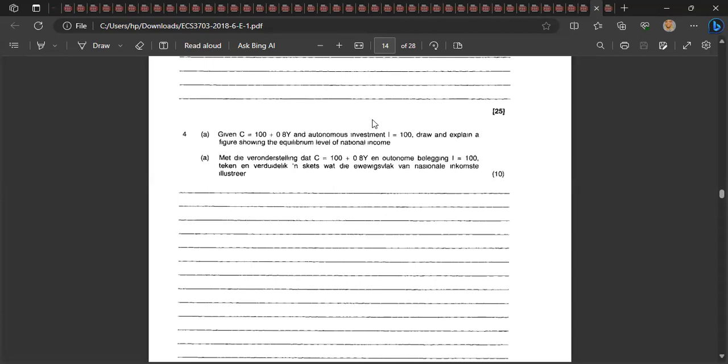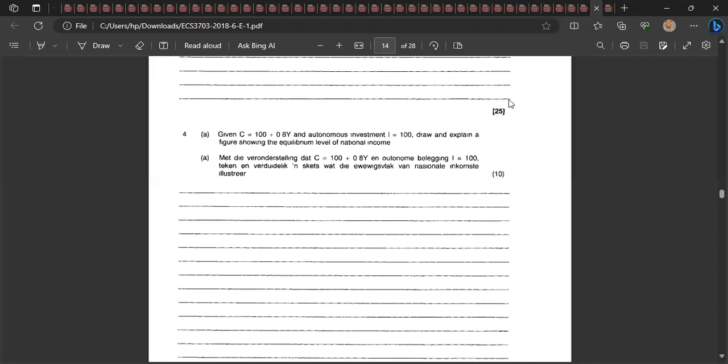This would best be illustrated on the Z curve. Here you have 100 being your autonomous consumption, and then this one, of course, is autonomous investment. Which means your starting point on the curve is going to be 100 plus 100, which is 200. That's going to be the intercept.